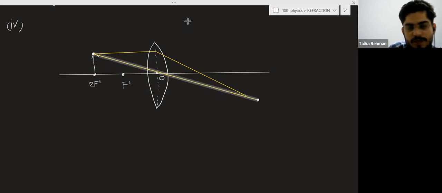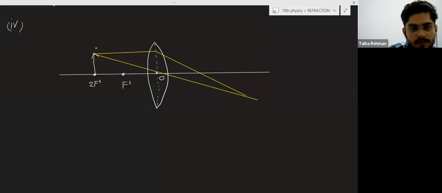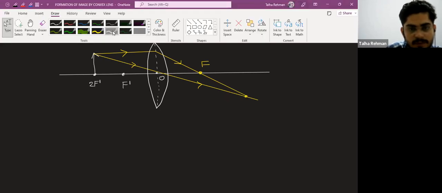Both rays will meet at some point, and this is the image.